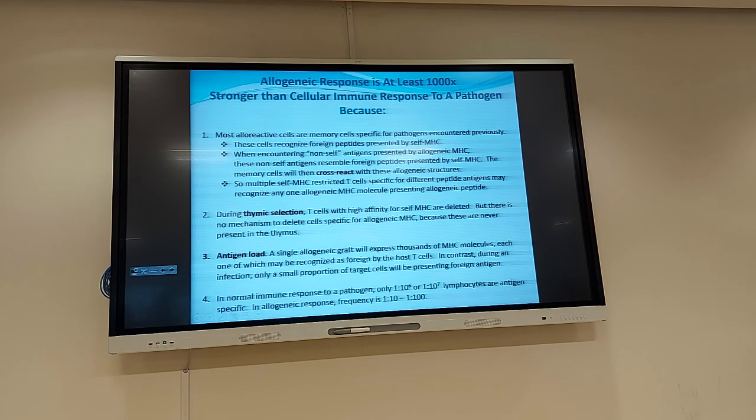As an example, in a normal response to a bacterial infection, you find that 1 in a million or 1 in 10 million lymphocytes are specific for that bacteria or virus. But in terms of a transplant rejection, 1 in 10 or 1 in 100 of these immune cells are attacking this donor organ. So the degree of damage as a result of the immune response is much more severe.